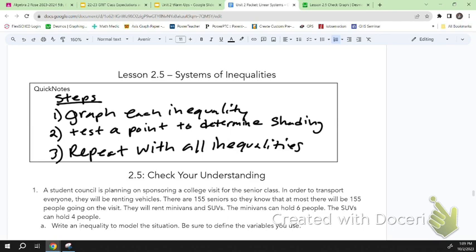So in our warm-up, we did 2. In our lesson today, we did 3. We should note that when we're asked to find the solution, that is where you're going to have overlapping shading.